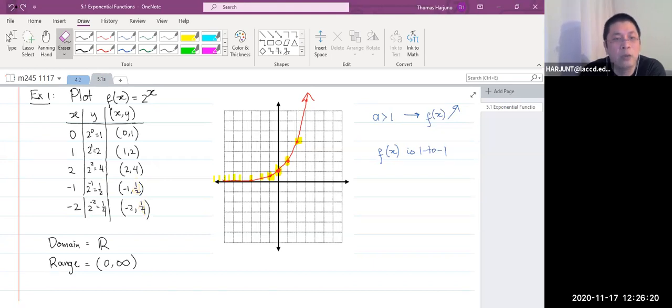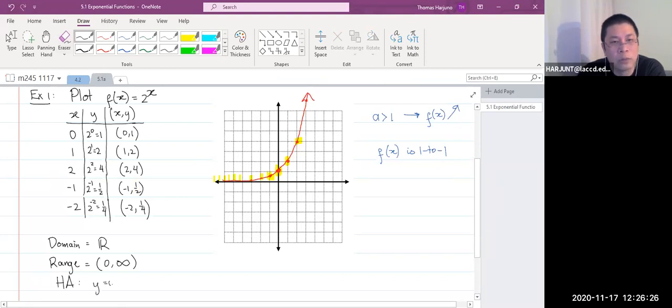With that said, we notice that we have a horizontal asymptote, y equals 0.